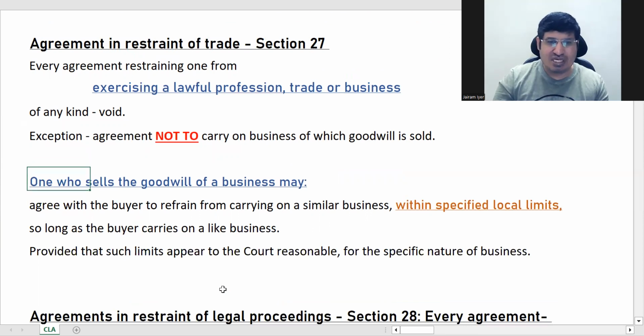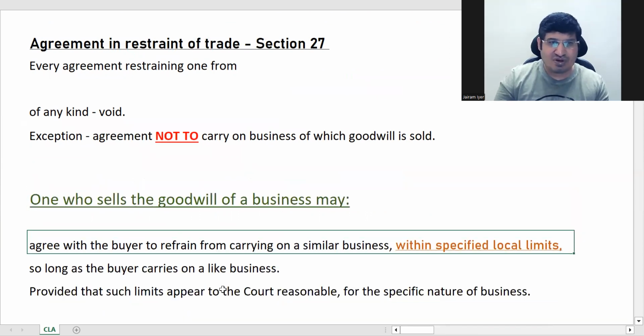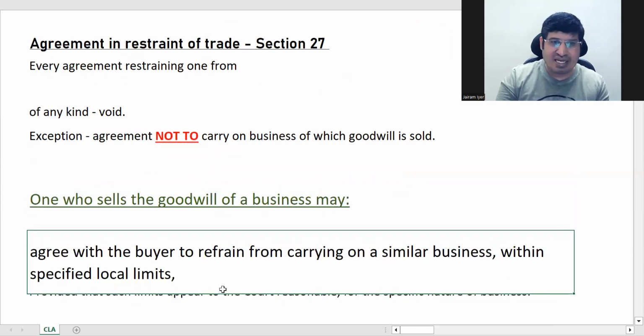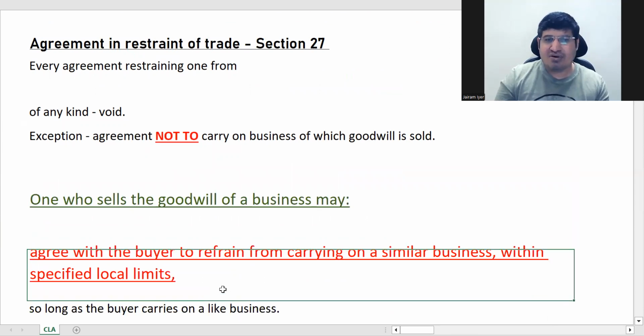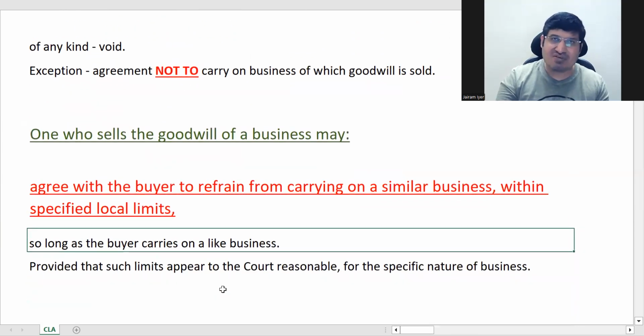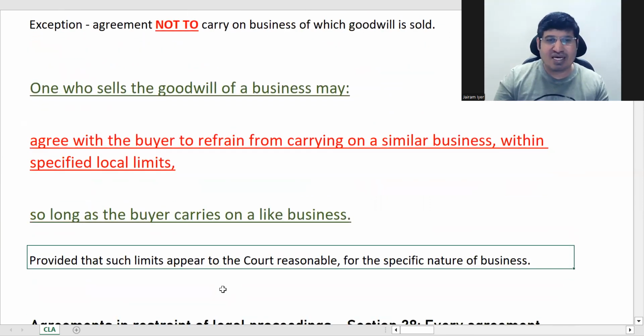One who sells the goodwill of a business may agree with the buyer to refrain from carrying on a similar business within specified local limits, as long as the buyer carries on like business. He can start some other business, that is fine, which is not a competing business.